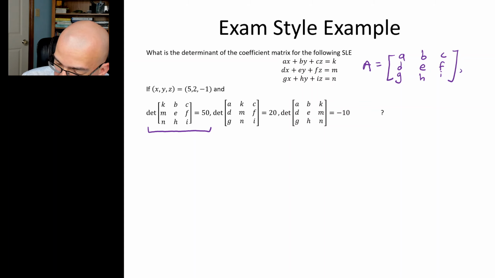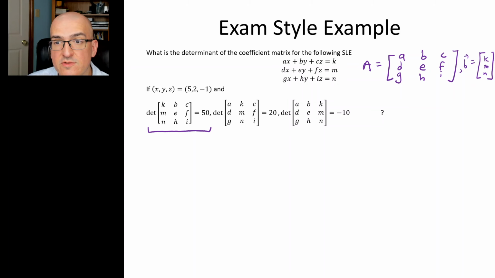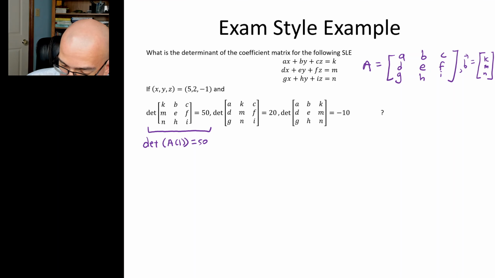and the matrix B is equal to K, M, N, and then we can recognize that the first determinant that's given, that's the determinant of A1, is equal to 50. The second one says the determinant of A2 is equal to 20.